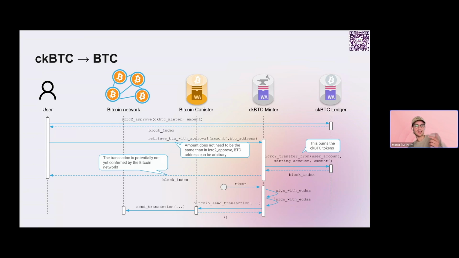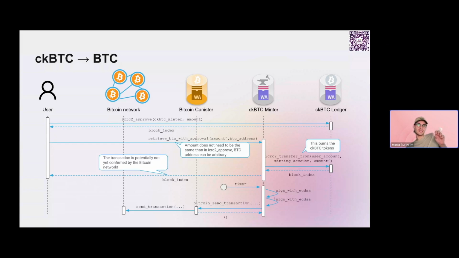So we basically tell the ckBTC minter, hey, I just give you the approval to transfer X amount of ckBTC on my behalf. And in addition to specifying the withdrawal amount, the Bitcoin address where the funds are supposed to be sent on the Bitcoin network must be specified as well. So we also have to tell the ckBTC minter, if you burn a ckBTC and you send out the Bitcoin, please send them to this address.